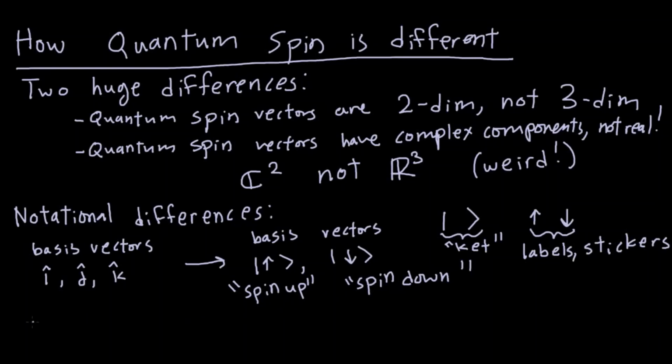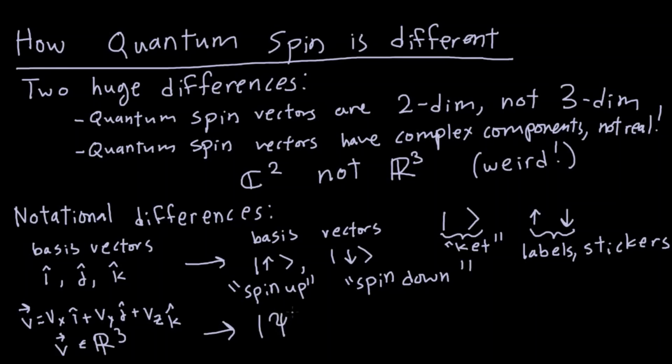So whereas we would usually write a vector v as vx i hat plus vy j hat plus vz k hat, where v is an element of R3, we would now write psi. That's the Greek letter psi. Physicists just like to use this letter for no particular reason.